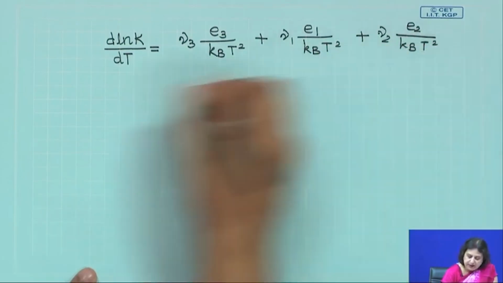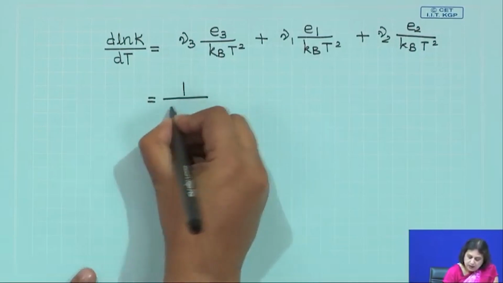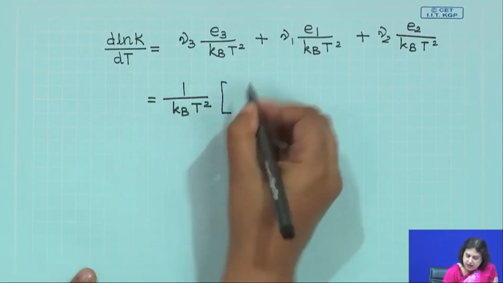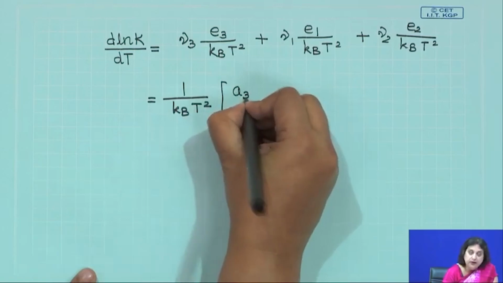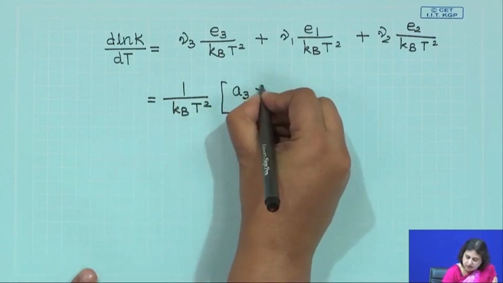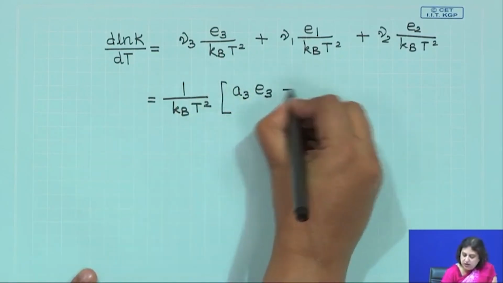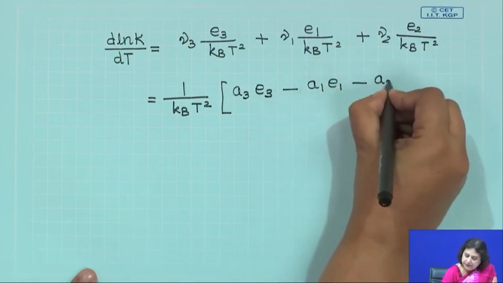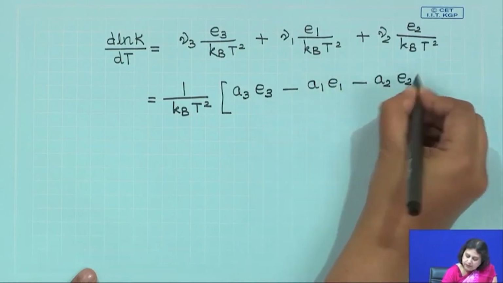Now I simplify this: I take 1 by k_B T squared outside, and I put in the respective values of the stoichiometric coefficients. So, this is a3 E3 minus a1 E1 minus a2 E2.